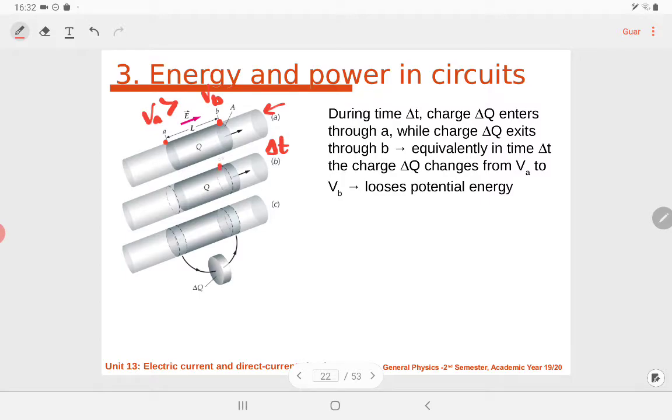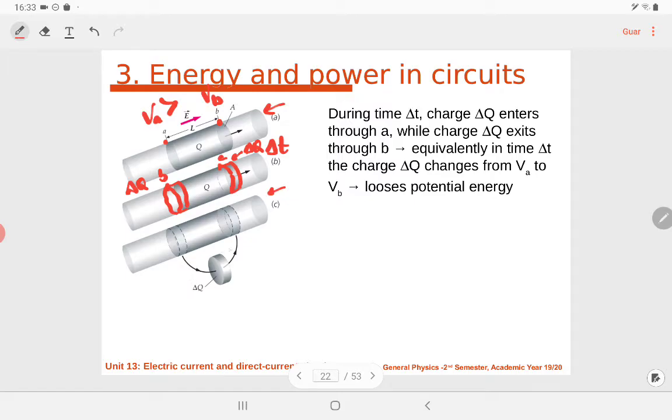So we had here point A, here we have point B, and there is a certain amount of charge, this little piece here, that we can call delta Q, that has passed through A. At the same time, because charge cannot appear or disappear, there is a conservation of charge, and we're thinking that this is a steady flow, this part here has been filled in by the same amount of delta Q that came from outside.